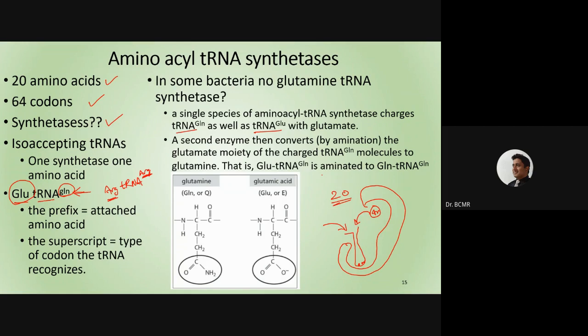Later, a second enzyme converts those glutamic acids that are attached to the tRNA into glutamine. Okay, the difference is this amino group. An amino group is added to the extra carboxylic group that makes glutamic acid acidic. So it forms glutamine.